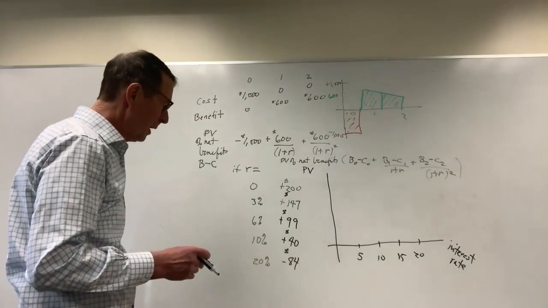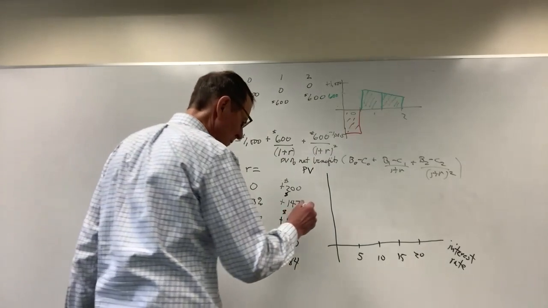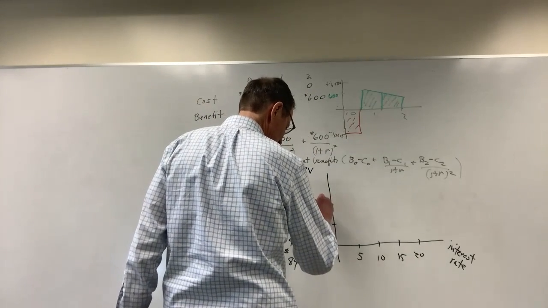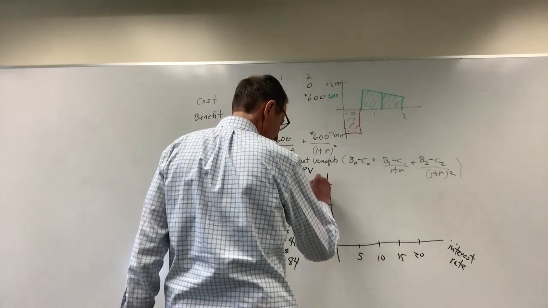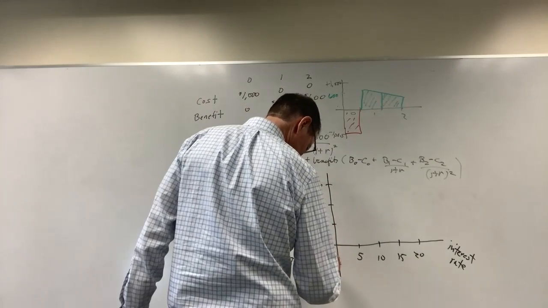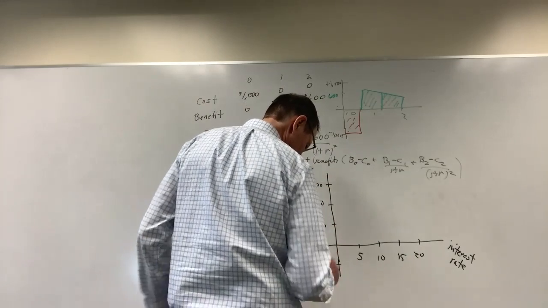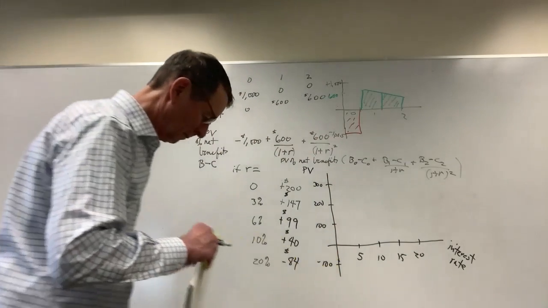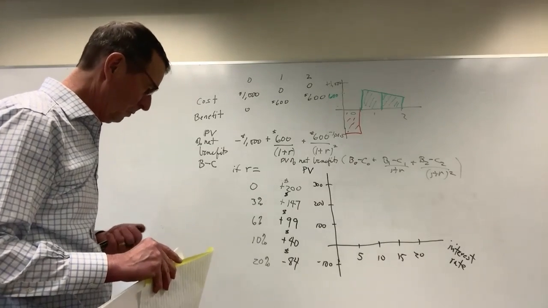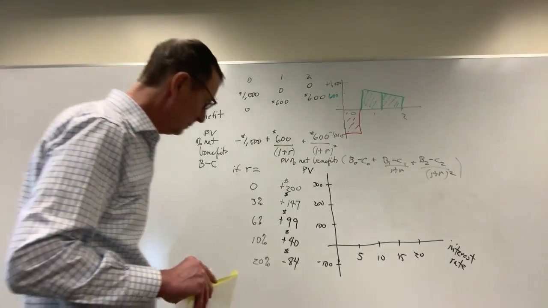And now we can plot the present value. 100, 200, 300, minus 100. We want to allow some negativity on the y-axis here if the interest rate gets high enough.